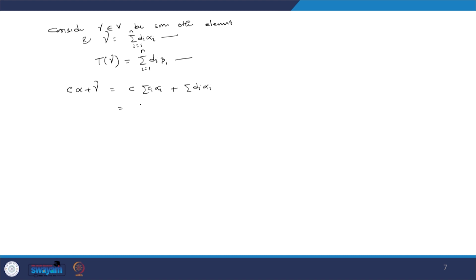So, this is equal to sigma of C into Ci plus di, times alpha i. So, T of C alpha plus gamma, according to the definition, will be equal to sum of C into Ci plus di, times beta i.